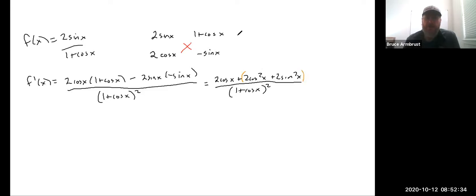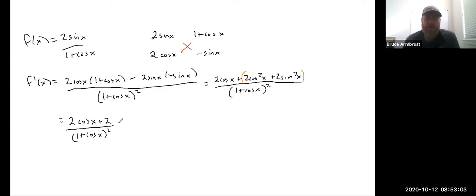Look at those two guys, the 2 cosine squared plus 2 sine squared. That's actually the same as 2, because we can use the Pythagorean identity. So 2 cosine squared plus 2 sine squared is equal to 2.